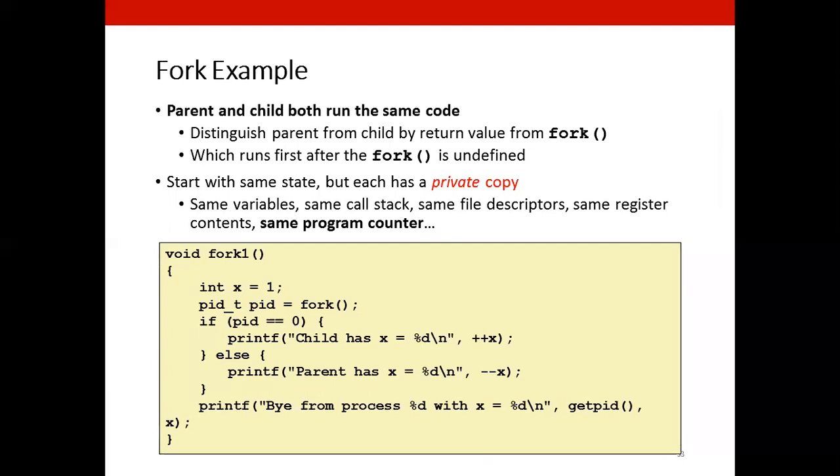The child is distinguished by the value it received from the fork system call, and which runs first is undefined. One thing to notice is that though both processes start with the same state, each has a private copy of the state. Same variables, same call stack, same file descriptors, same register contents, even the same program counter.